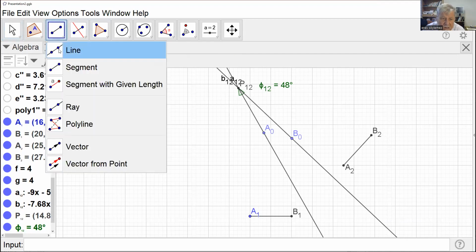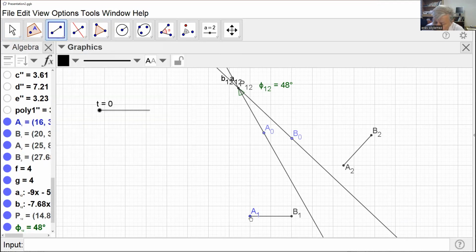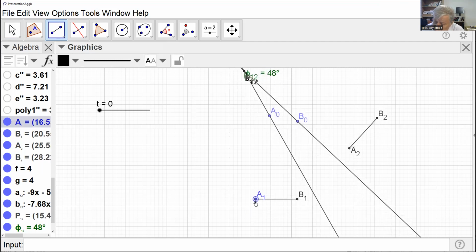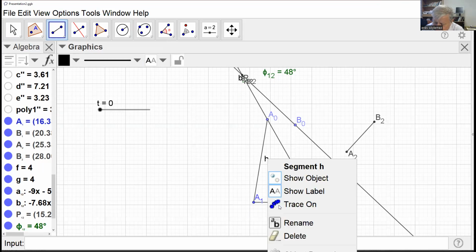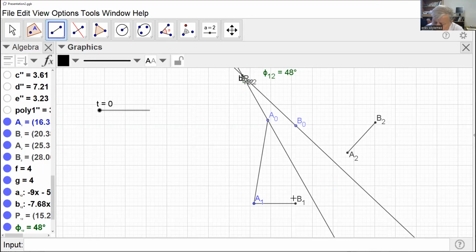Now I will attach a link from this moving revolute joint to this fixed revolute joint, one crank. I will attach a link between B1 and B0.